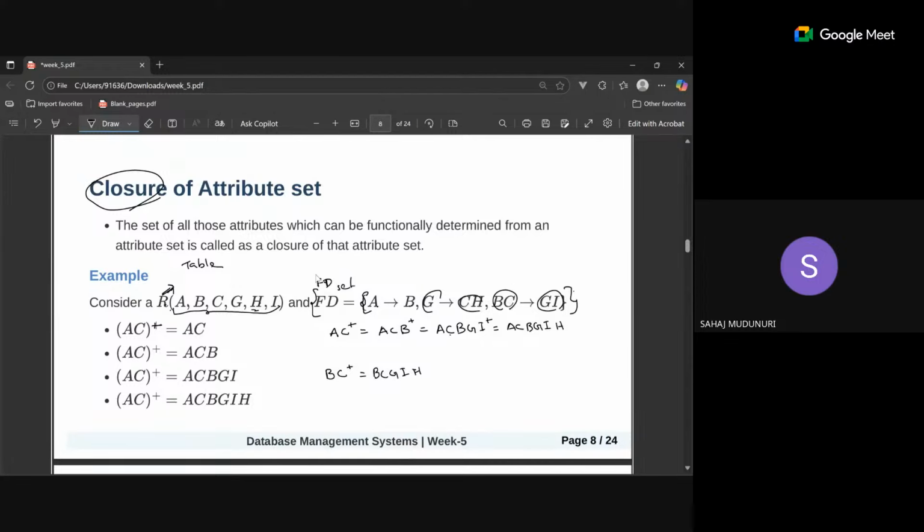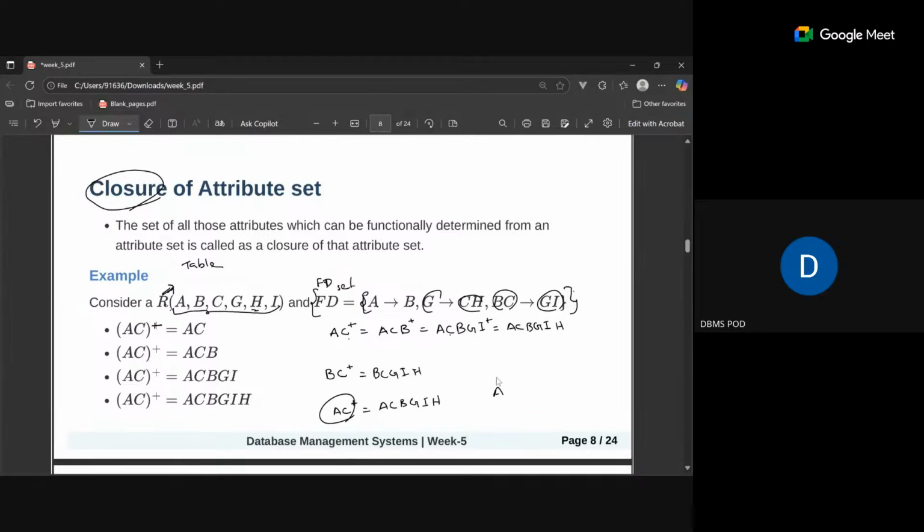AC+ means you are taking a closure for those attributes. What closure says is, if I'm taking AC closure and it's giving A C D G I H, then using this, I can say AC determines all these attributes.